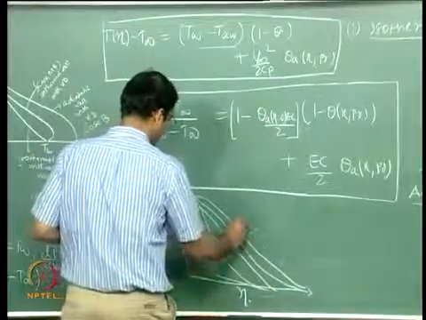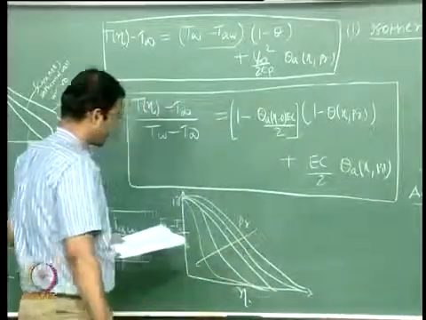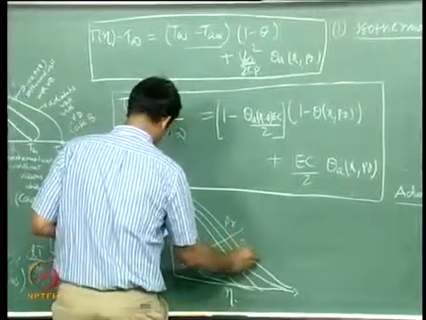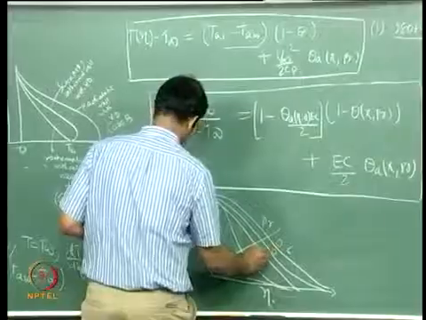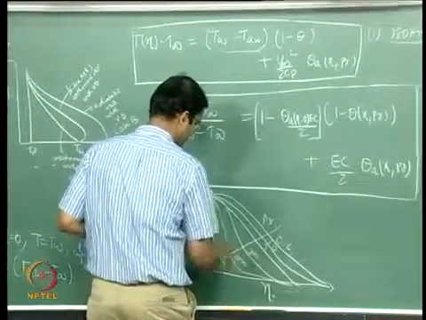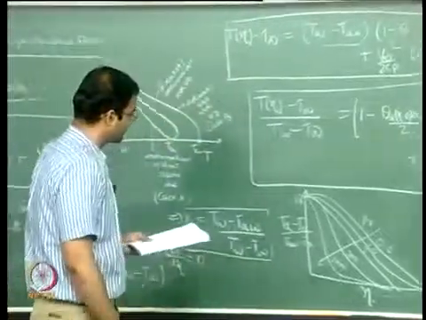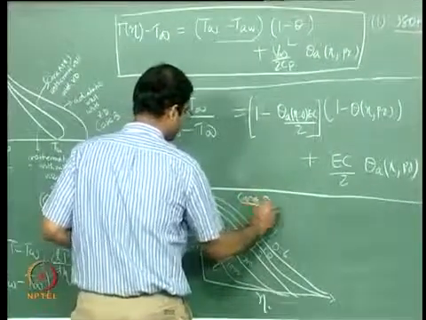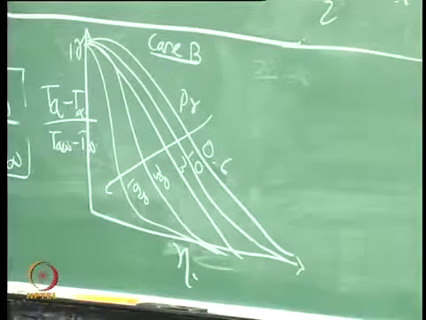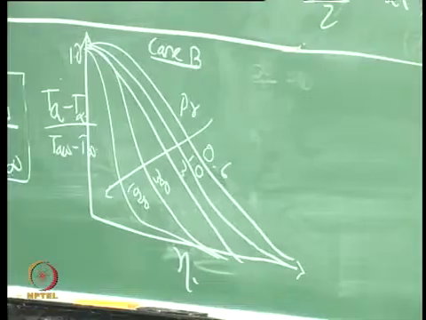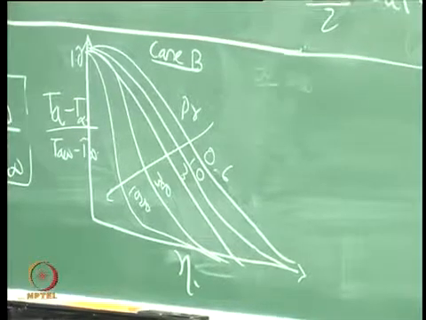So this is with increasing Prandtl number, your slope at the wall keeps increasing. This Prandtl number 0.6, 1, 3, this is like 300, this is like 1000. Okay, so this is your case B solution, that is only for the case with adiabatic boundary condition at the wall. This is how the non-dimensional temperature profile behaves.